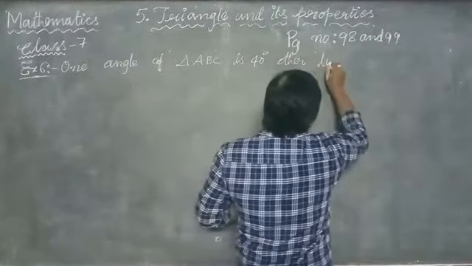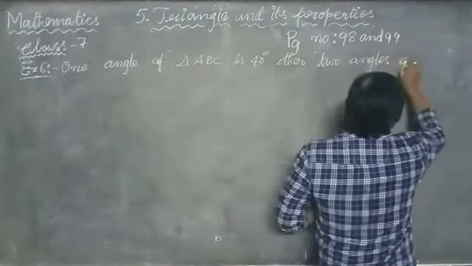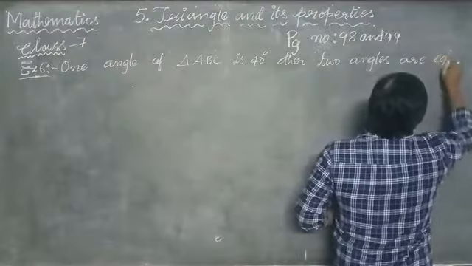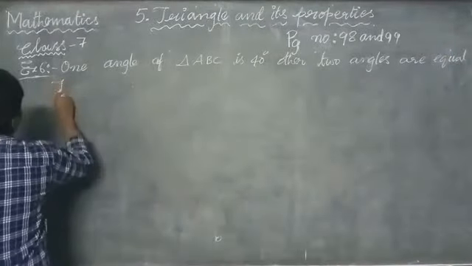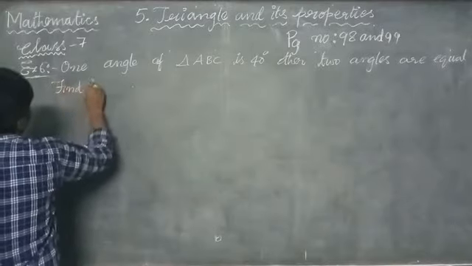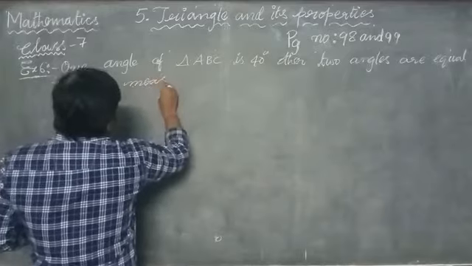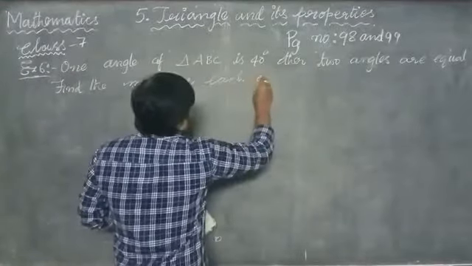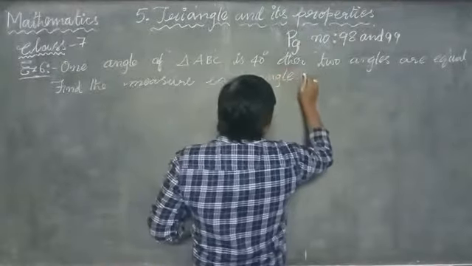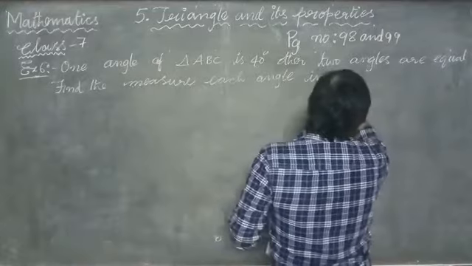The other two angles are equal. Find the measure of each angle in the triangle.